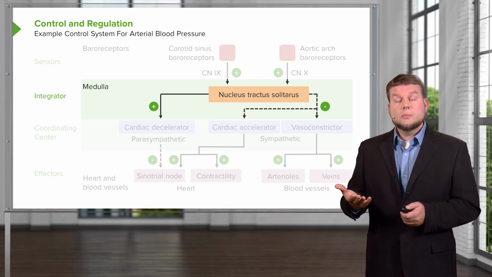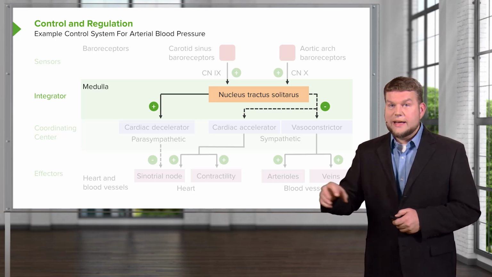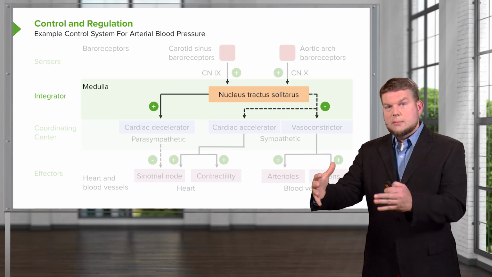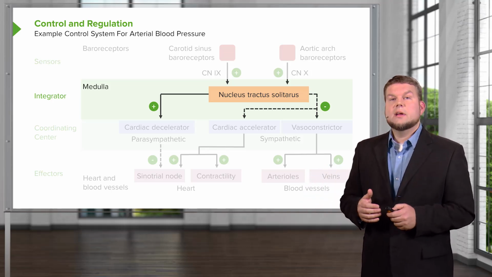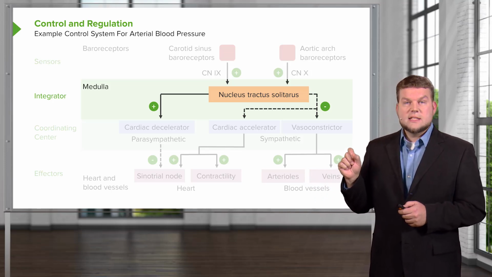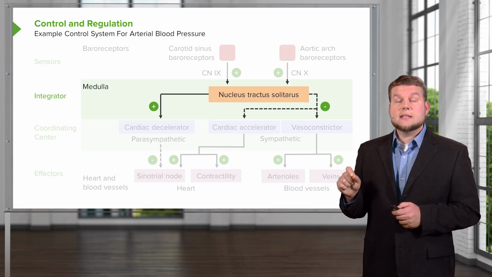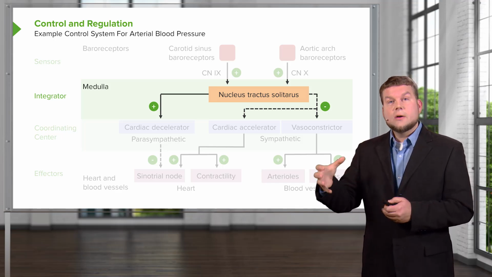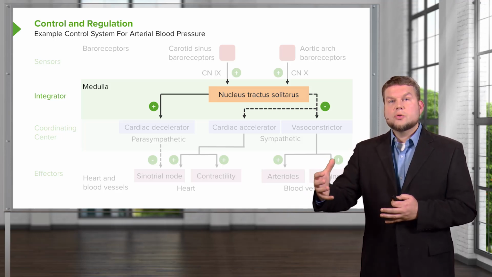Where are they sent to? They are sent to the medulla, and this is our integrating center. Remember, when we integrate something, we're grabbing hold of all the information. And this is done from a specific brain stem component called the NTS, or the nucleus tractus solitarius. This is our gathering area. You can think of it something like the train depot.